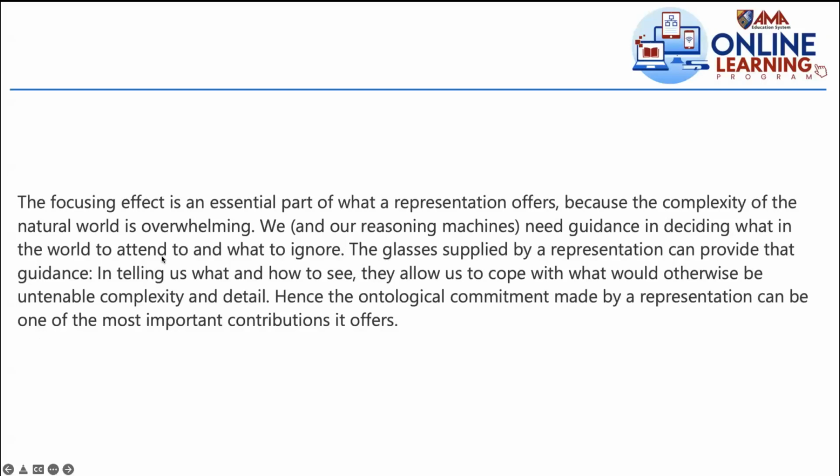Similarly for the machine. So hence the ontological commitment by a representation can be one of the most important contributions it offers. This ontological commitment, because with this, there is a focusing effect that will happen. Though there is a disadvantage because of the blurring, it will also make the task be accomplished more efficiently, right?